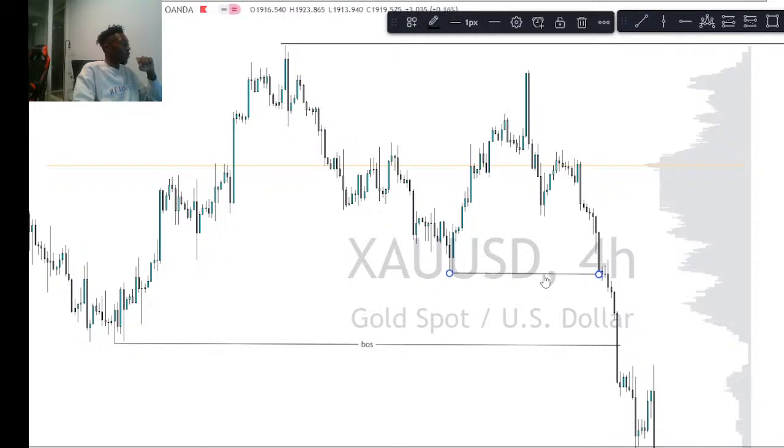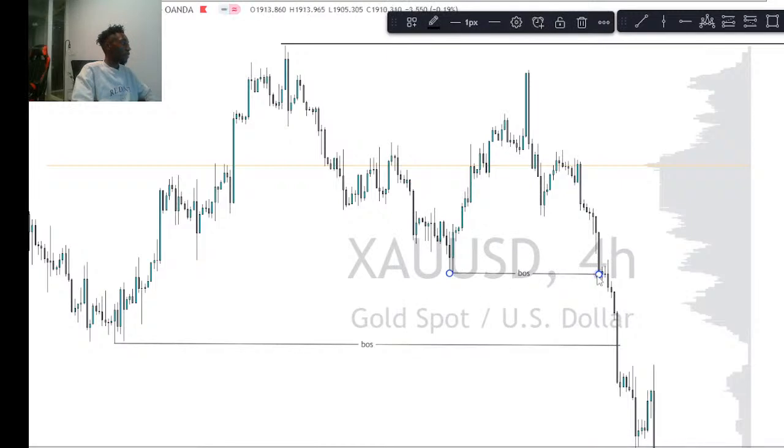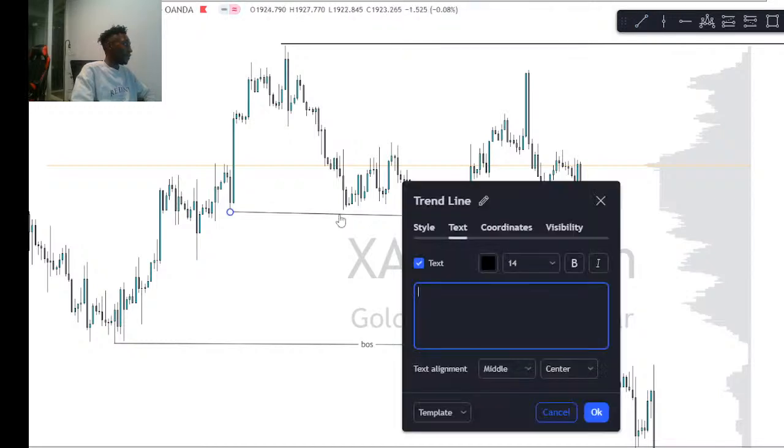Also, we are witnessing a break of structure there, and another break of structure there, our first break of structure, BOS.